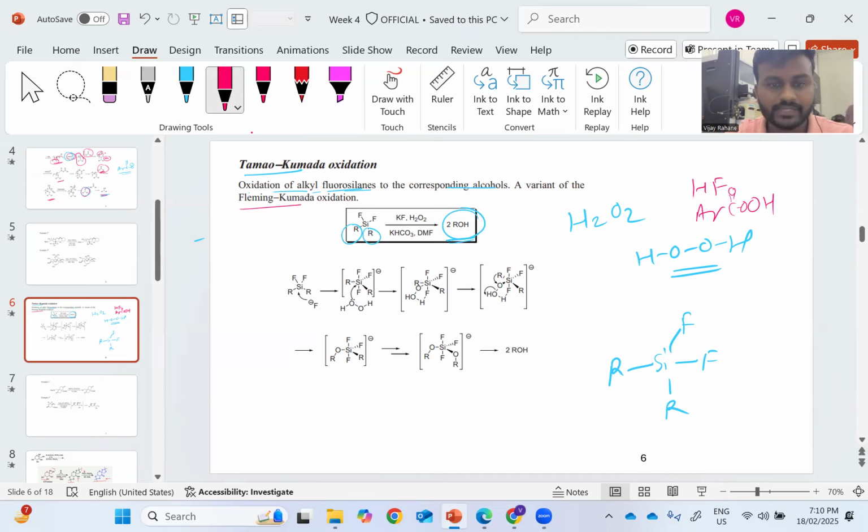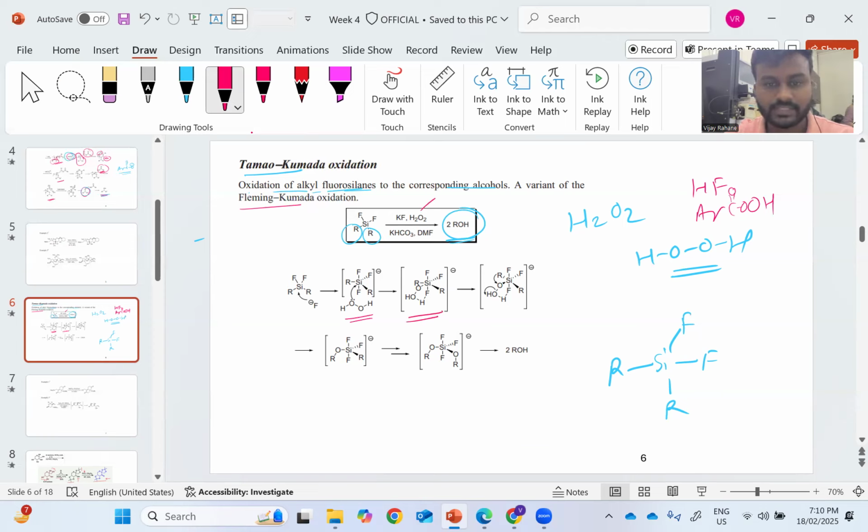So the F minus attacks the silicon, it forms the intermediate in this fashion, and this pentavalent intermediate with the negative charge gets attacked by the peroxide, that is H2O2.